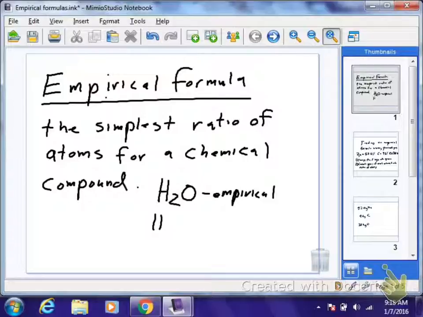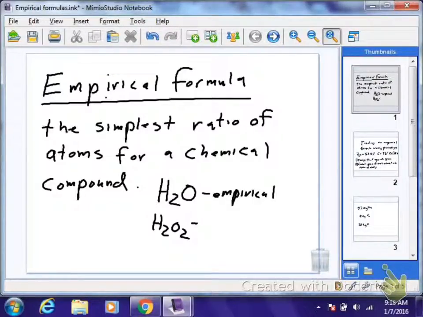Here's H2O2. By the way, this is hydrogen peroxide. Is that the simplest formula for that particular compound? No. What's simpler?